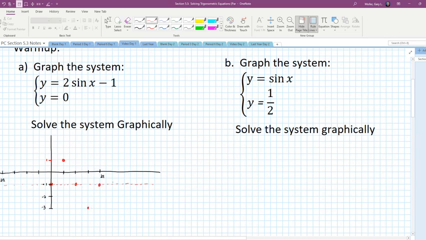I'm going to keep going. Keep going this direction. 2 boxes here, 2 boxes here, 2 boxes here.